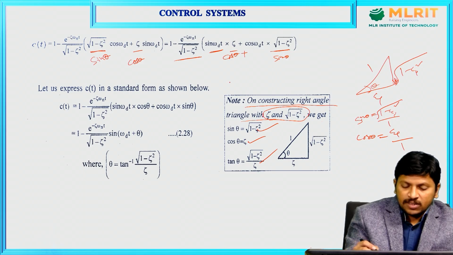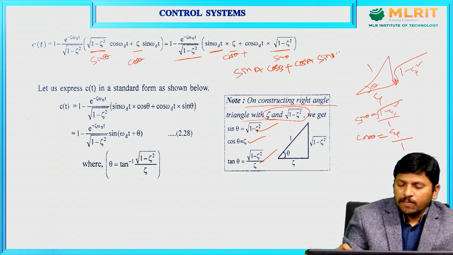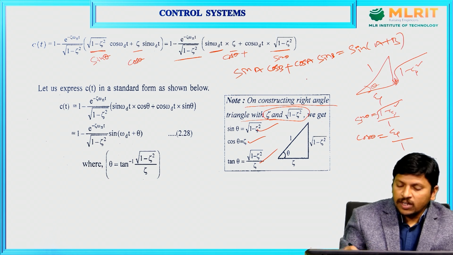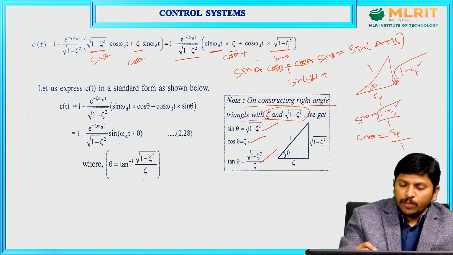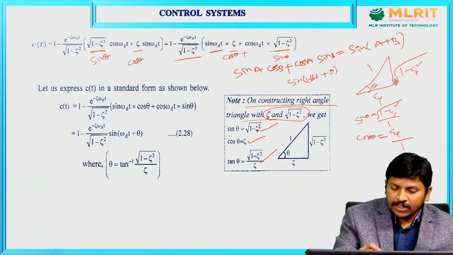So that's why sin A cos B plus cos A sin B, that is the formula. Just observe, sin A cos B plus cos A sin B equals sin of A plus B. Here A equals omega dt, and B equals theta.